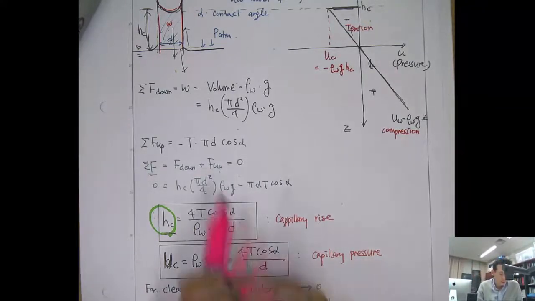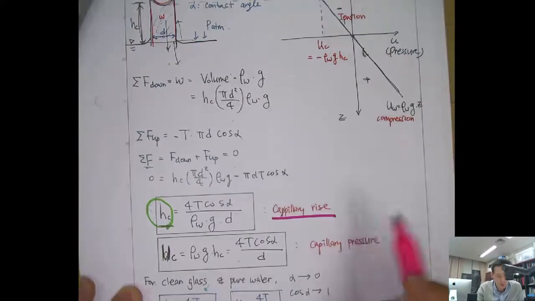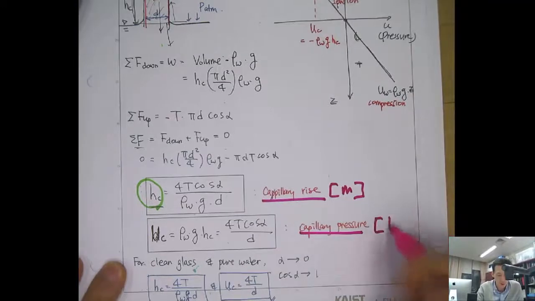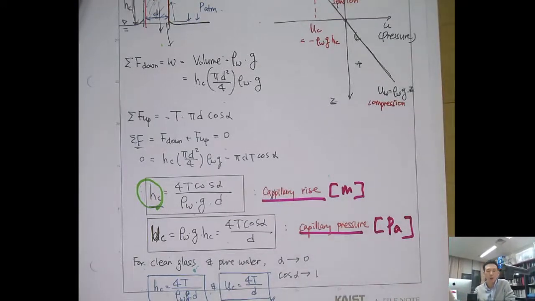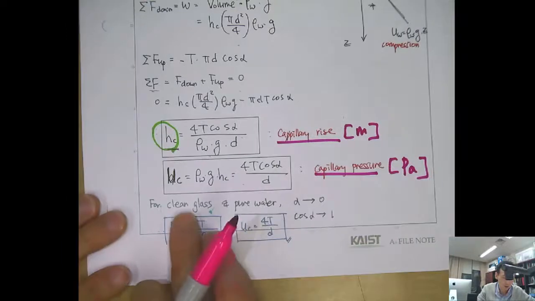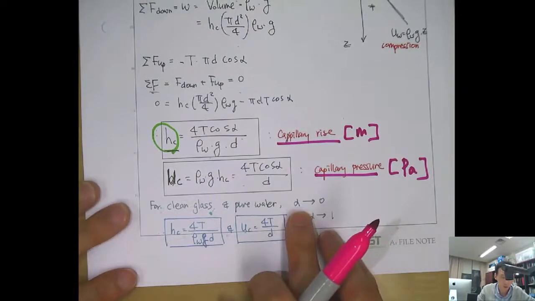So think about the unit. The capillary rise is in length dimension, so it will be in meter, and pressure is in Pascal or kilopascal and megapascal. For clean glass, we normally assume the alpha, the contact angle, is close to 0.